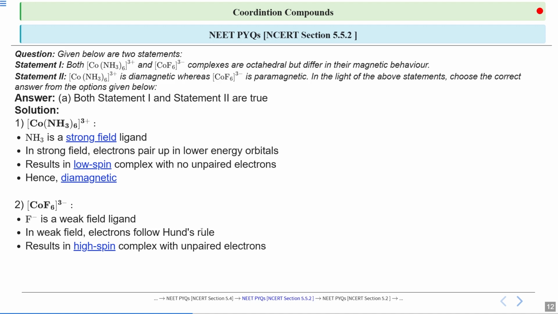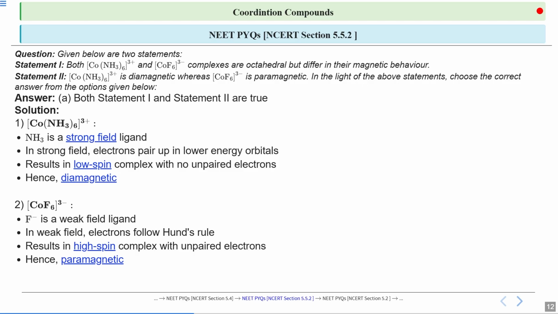And if there are unpaired electrons, you can clearly say that this complex is going to be paramagnetic. Okay, now on the basis of these facts about the two complexes, you can match statement 1 and statement 2. Statement 1 says that both the complexes are octahedral, they differ in their magnetic behavior.